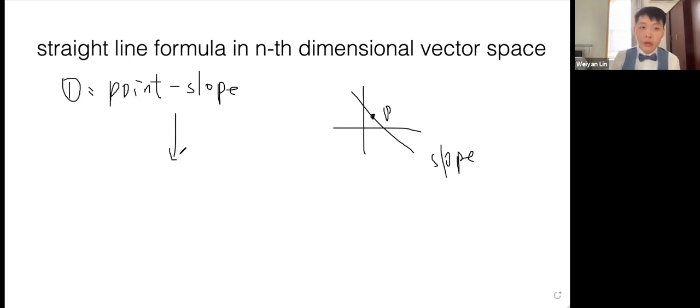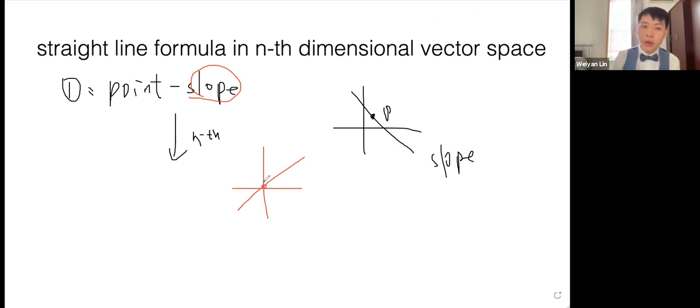How do we generalize it to n-dimensional space? You run into a problem right away: slope doesn't make sense in n-dimensional space. For example, in XYZ space, what does slope even mean?